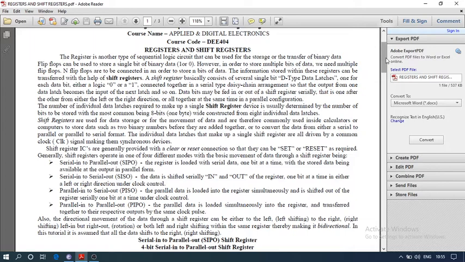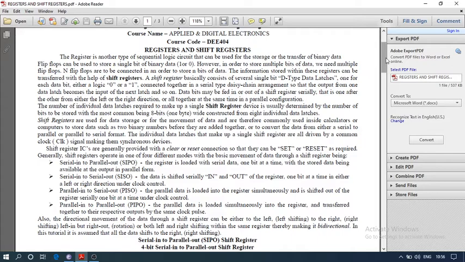So that's why it is called a storage register. So registers are basically of two types: a shift register, based on the mechanism of shifting from left to right, and another is the storage register. So shift registers can be SISO, SIPO, and PISO, and only PIPO is called a storage register.